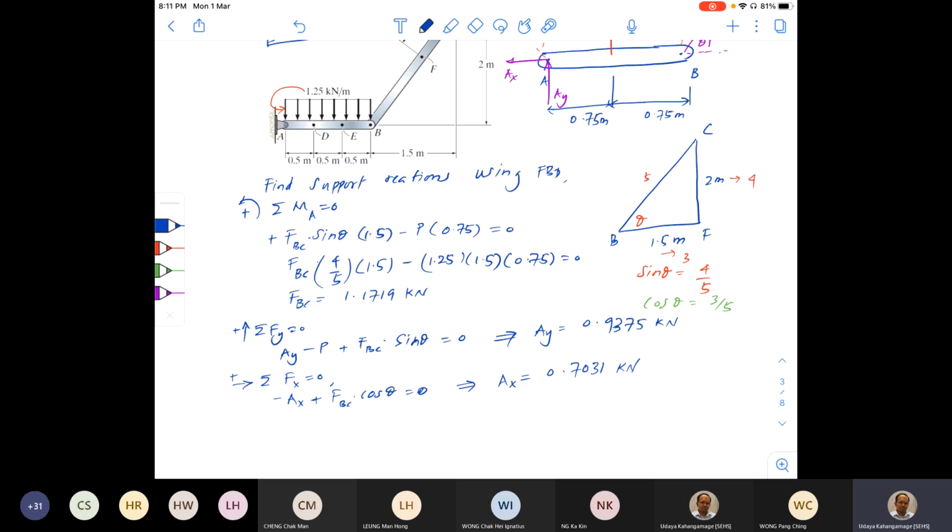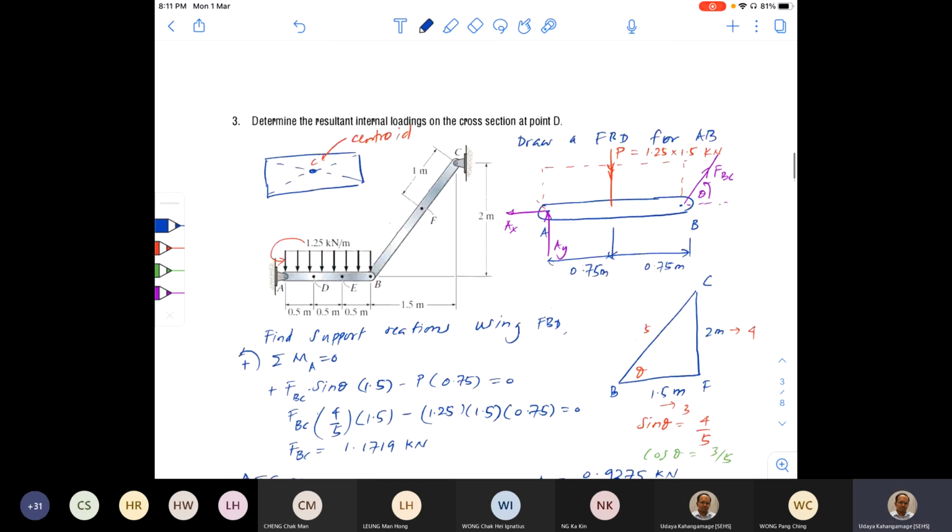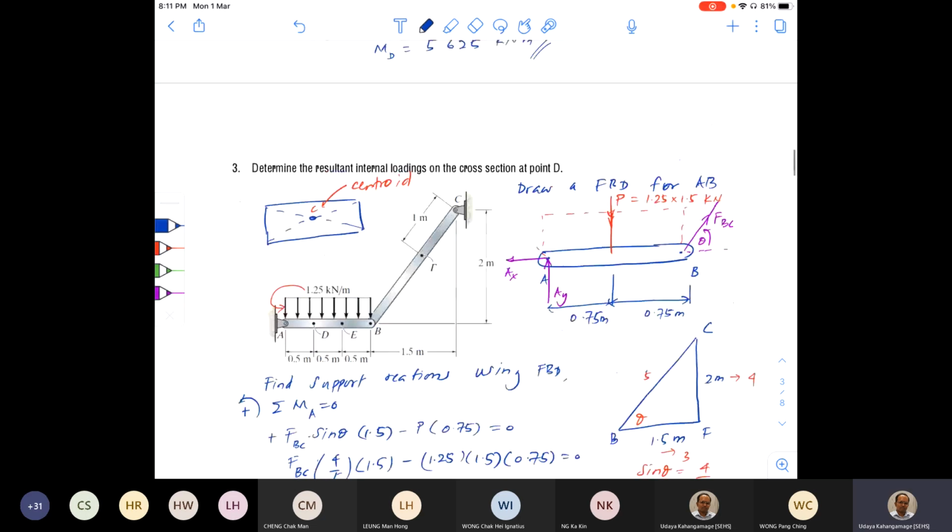Right. So once you complete this one, next, my question is, I need to find out the resultant internal loadings on the cross section at point D. So that means I need to cut this member at D here and draw a free body diagram for the cut portion. So here I'm going to draw the free body diagram only for AD, right?